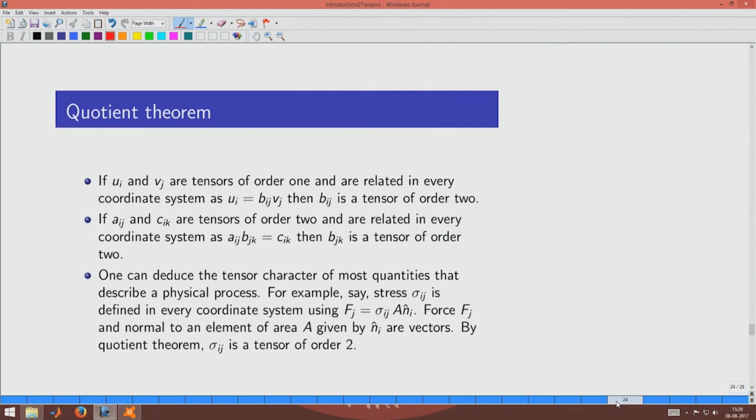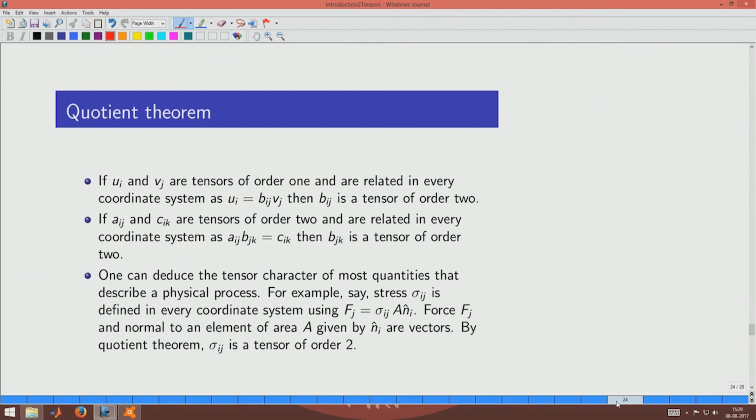Now, one of the powerful theorems used to derive quantities that we do not know as tensors, but realize as tensors, is called the quotient theorem. The quotient theorem is actually a very subtle concept. We will define it with respect to vectors, and then we can extend it to higher order tensors also; it is applicable for tensors of any order.